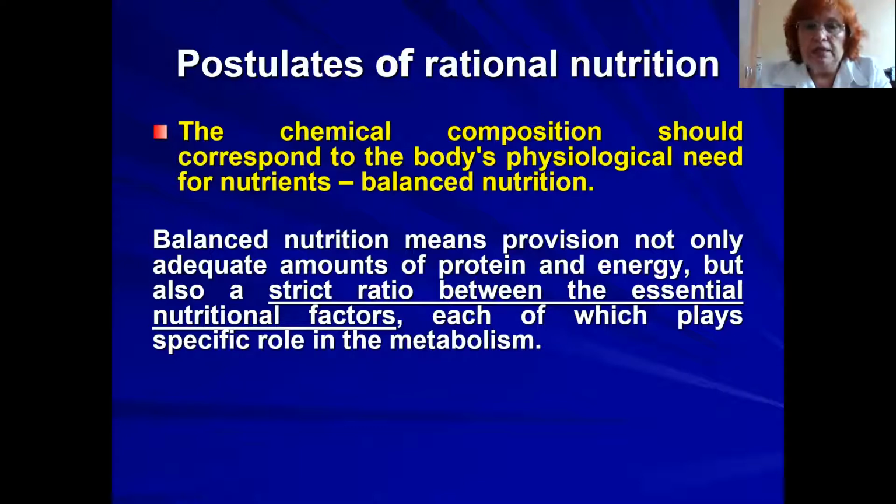Balanced nutrition means provision not only of adequate amounts of protein and energy, but also a strict ratio between the essential nutritional factors, each of which plays a specific role in the metabolism.